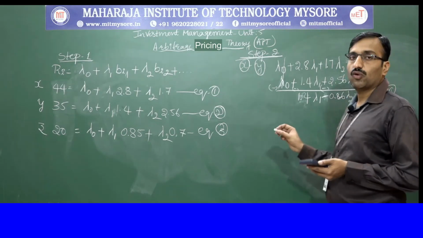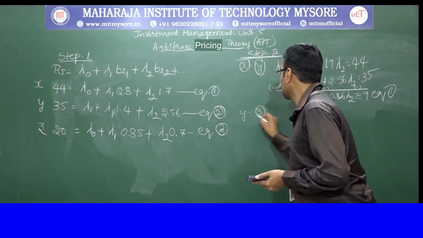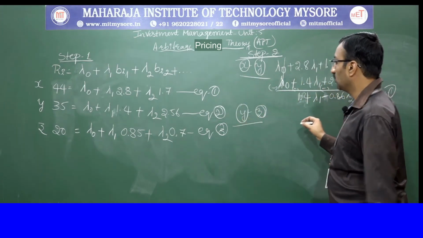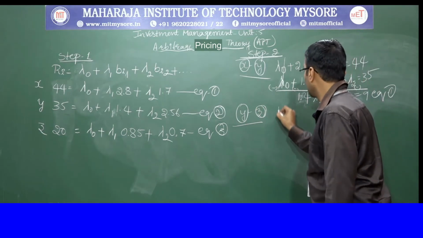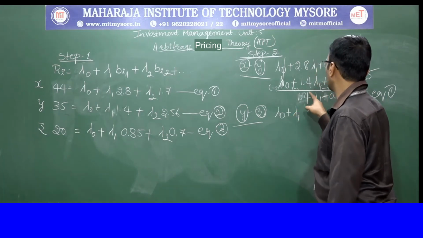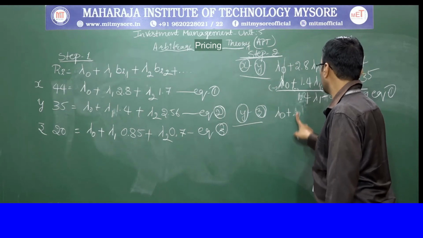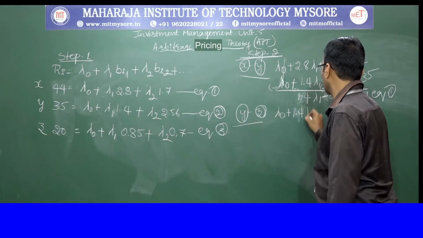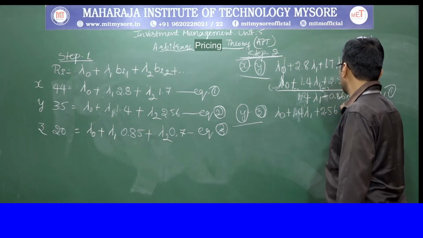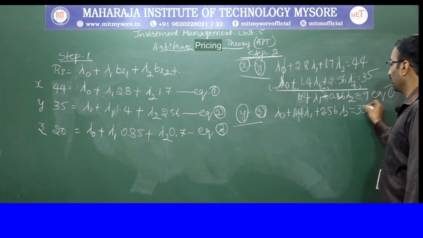In the same way, you go for y minus z. So, y is equal to lambda naught plus 1.4 lambda 1 plus 2.56 lambda 2 is equal to 35.